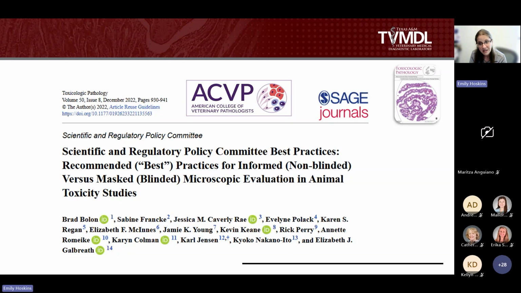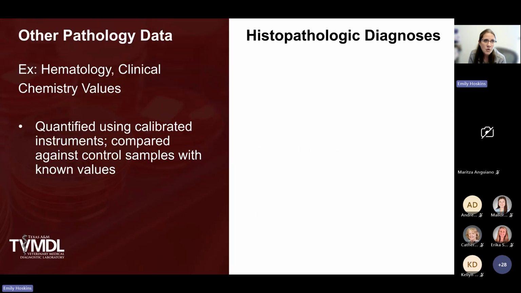So in this paper in particular, we were looking at informed or non-blinded versus masked or blinded microscopic evaluation in animal toxicity studies. But it also did a really good job of discussing some unique features of histopathology in general. And so with other pathology data, like with hematology and clinical chemistry values, those are quantified using calibrated instruments and compared against control samples with known values.